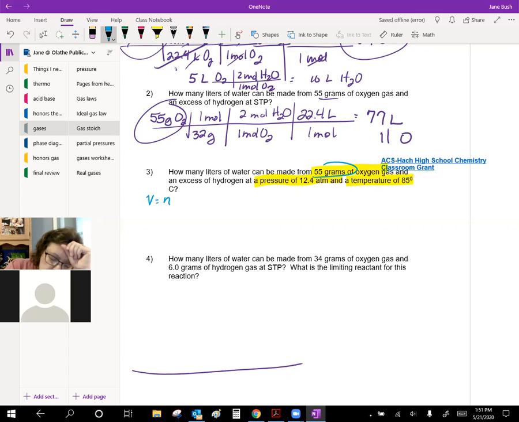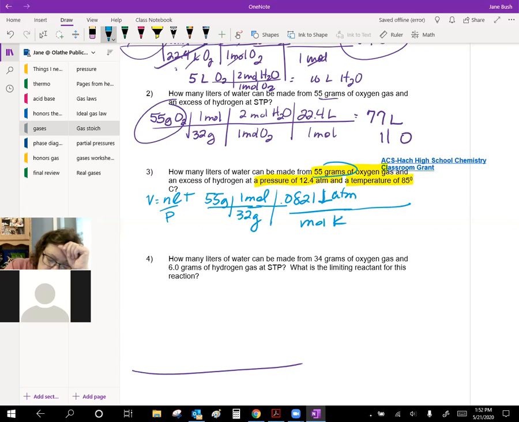So V equals nRT over P. So 55 grams of oxygen divided by 32 grams per mole gives me moles, times the ideal gas constant, times temperature, which was 85 plus 273, 358 Kelvin, and divided by pressure, which is 12.4.